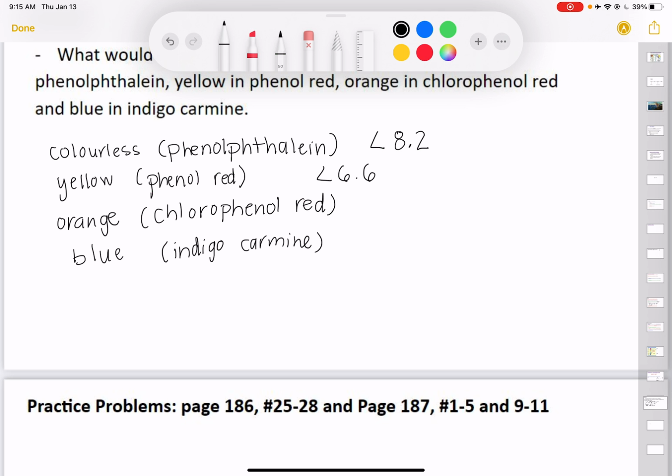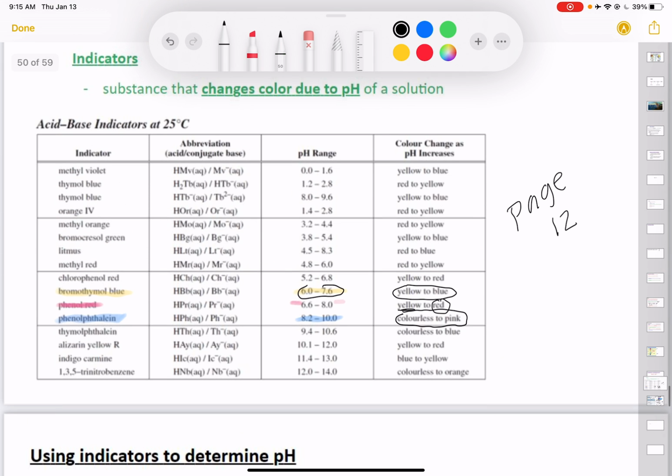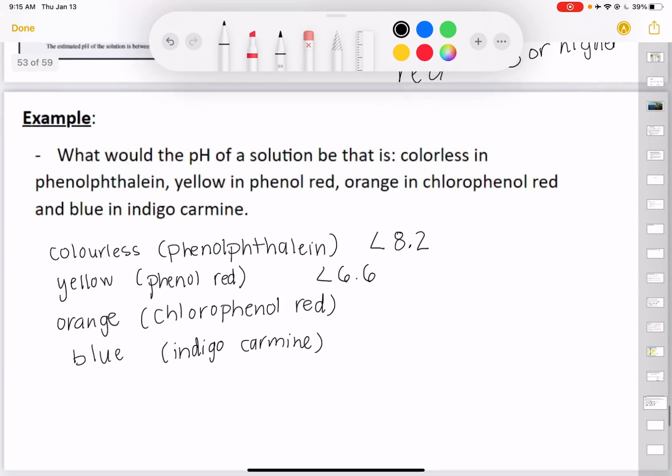Orange in chlorophenol red. Chlorophenol red is right here, and it's orange. If we look at this, it goes yellow to red. So if it's orange in that, we know that it's in between 5.2 and 6.8.